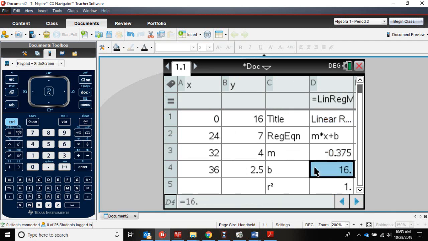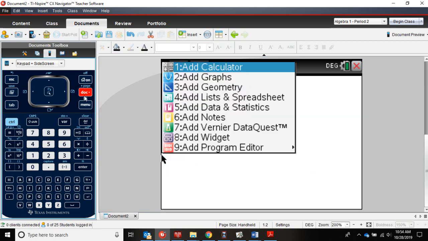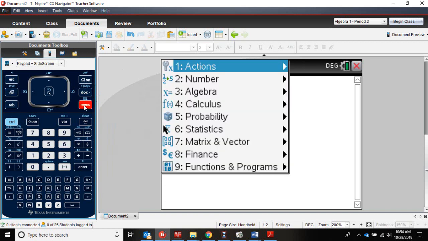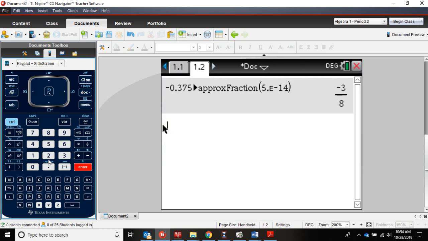Okay, so it says what is the equation, and if you write -0.375 x, you probably won't see that, so you need to change it to a fraction by pressing Control-C to copy it. Then you go to a new page, Control Doc, add a calculator page, Control-V to paste it, and we press menu, 2 for number and 2 for fraction, and press enter.